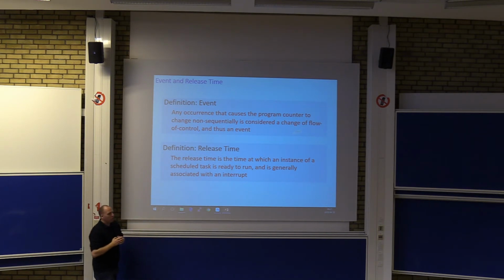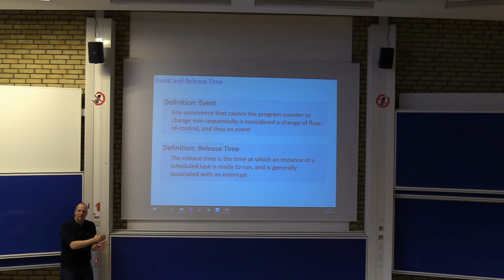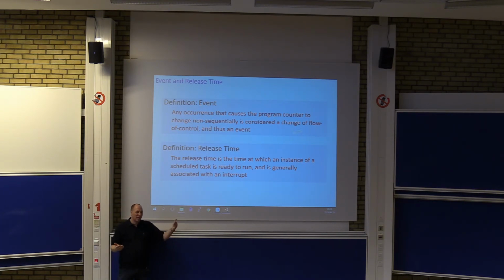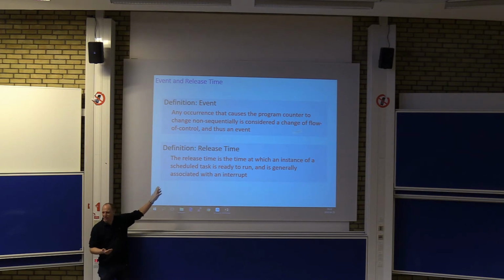This connects very well to the release time. If we have a control task that should execute periodically, that means at the start of the period the task is released. When it's released, it's now ready to execute. But it might not be able to, since there might be other tasks, and it might not get access to the processor because some other task with higher priority is currently executing. So it just means that the task wants to execute; it's in queue, so to speak.